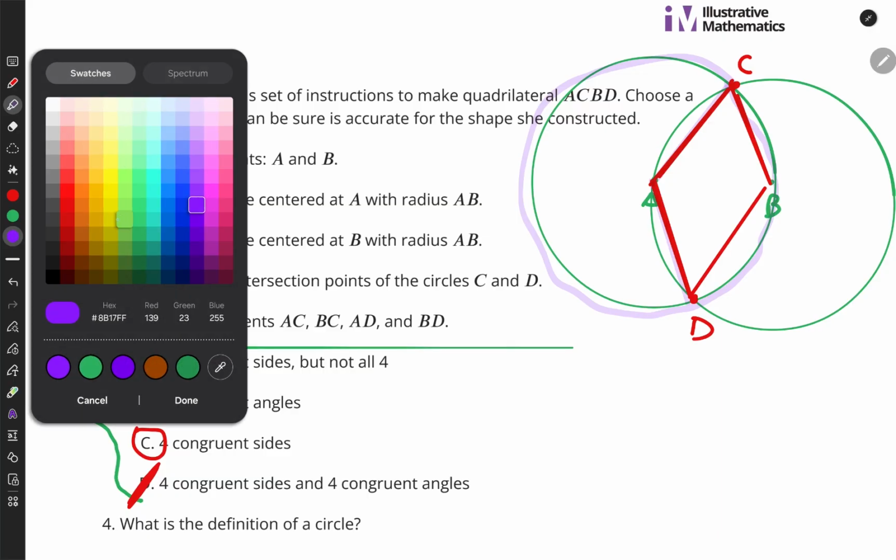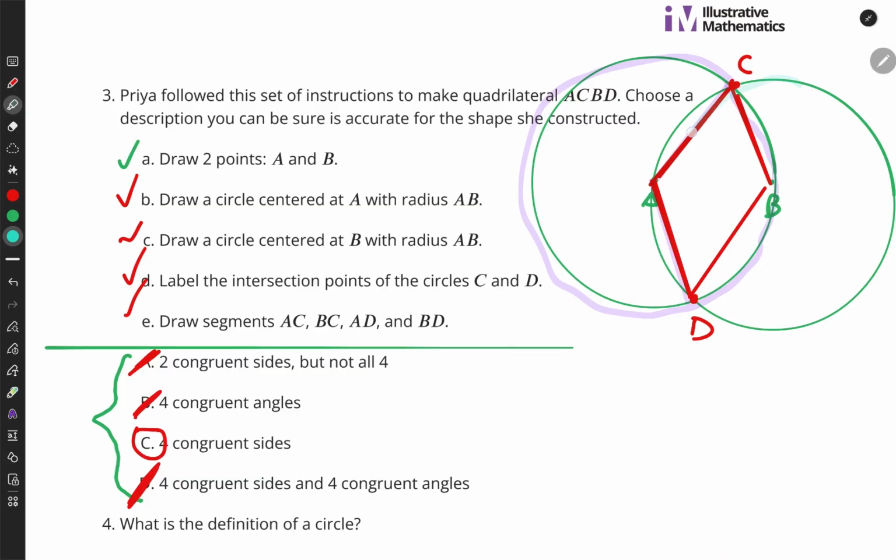Now let's look at another, I don't know, teal circle, as best as I could. BD and BC are also radii of circle B.